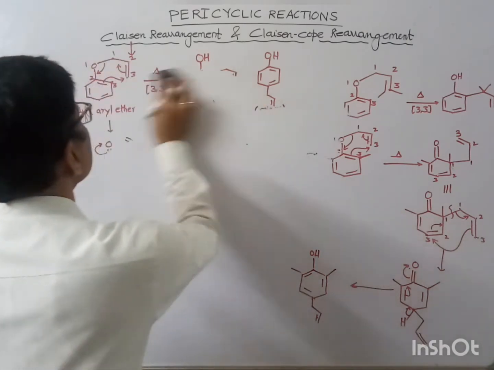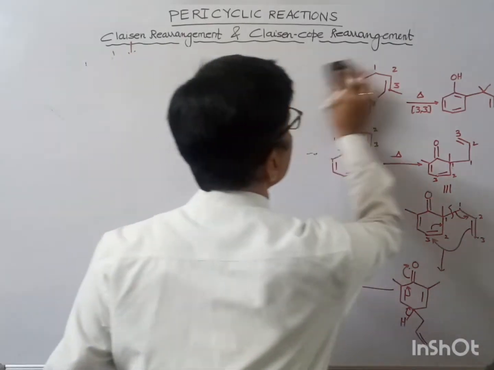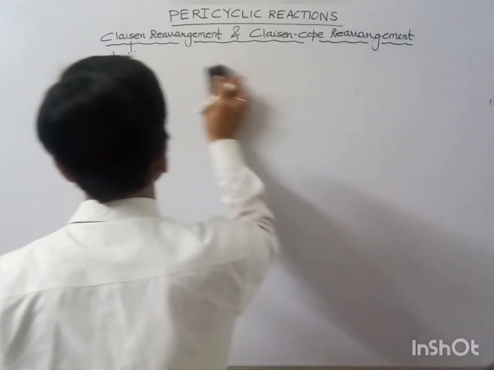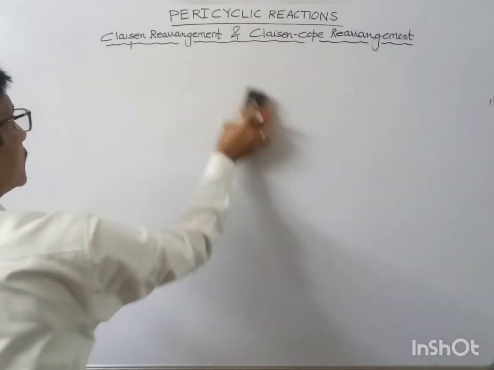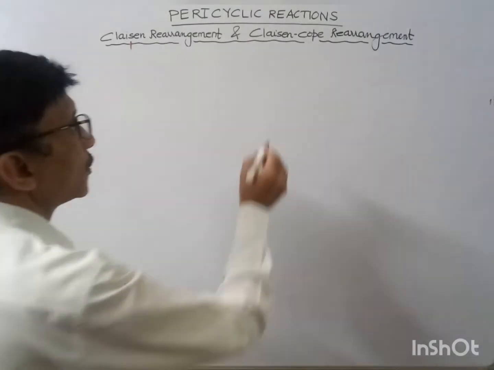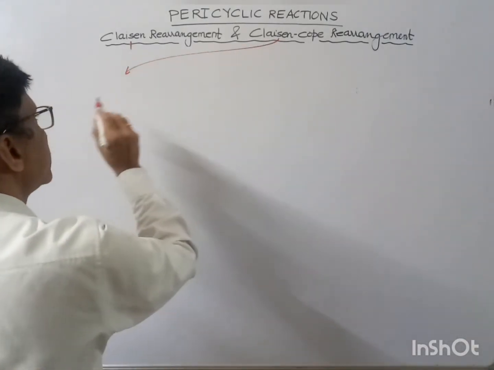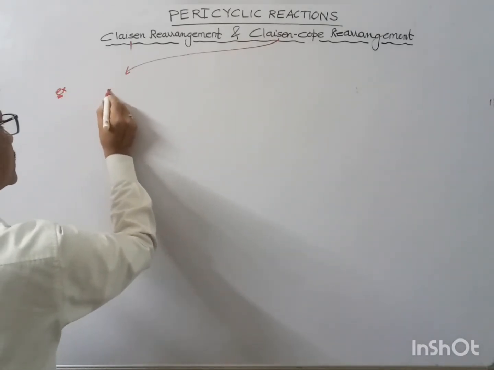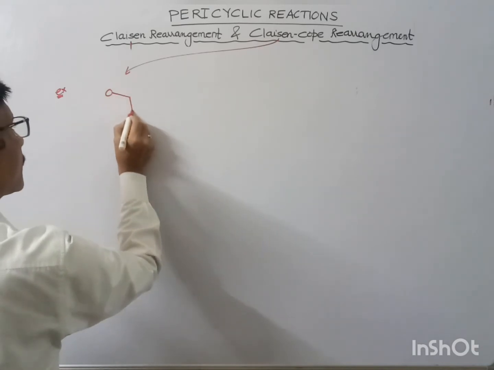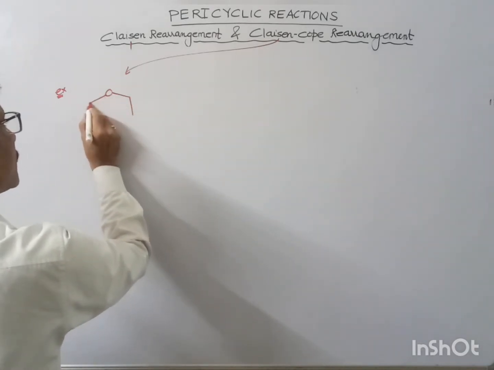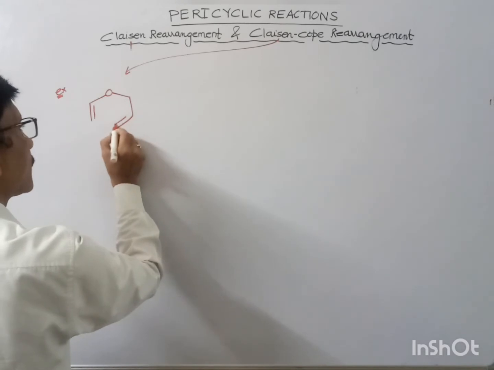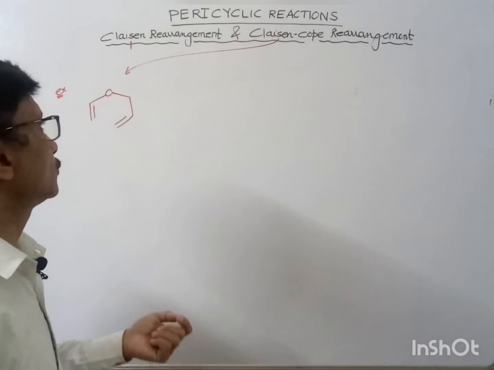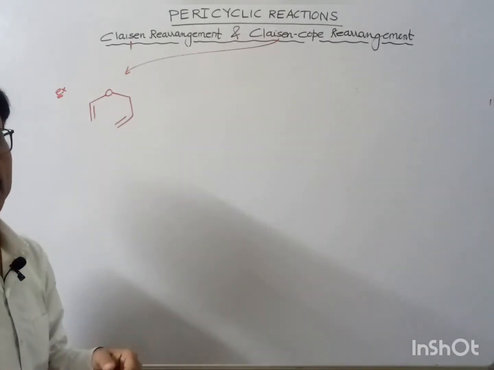Okay. Now let us come to the Claisen rearrangement. The simplest example of this Claisen rearrangement: in the Claisen rearrangement, what we took as a substrate molecule was allyl aryl ether.